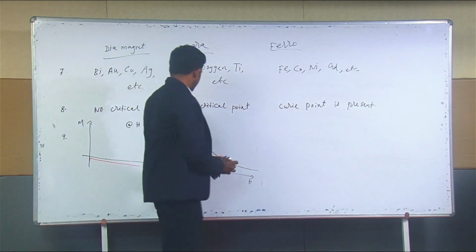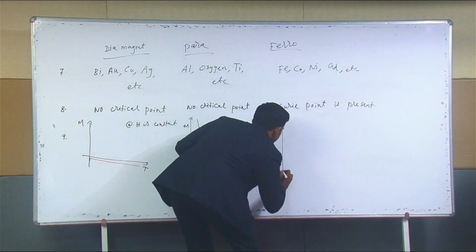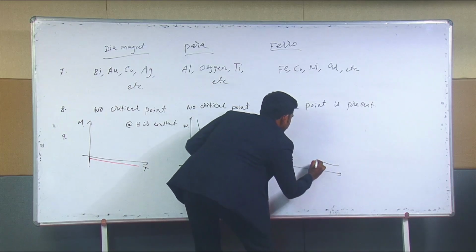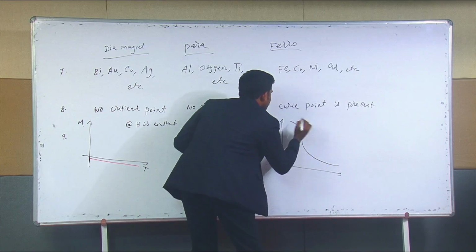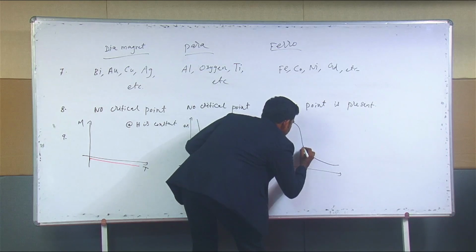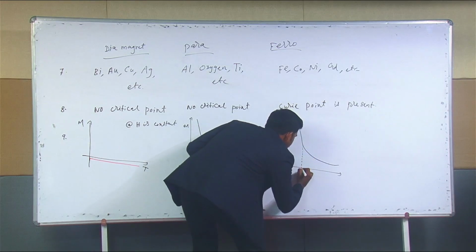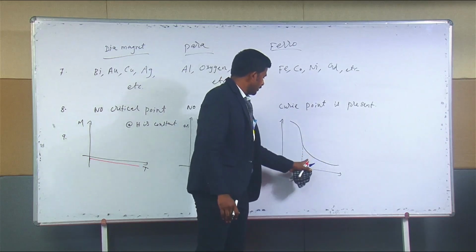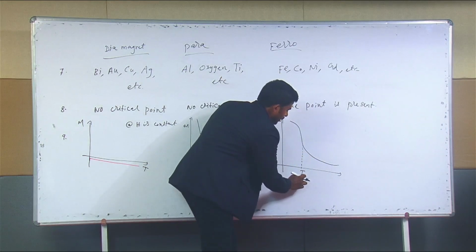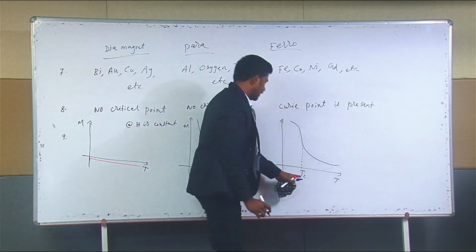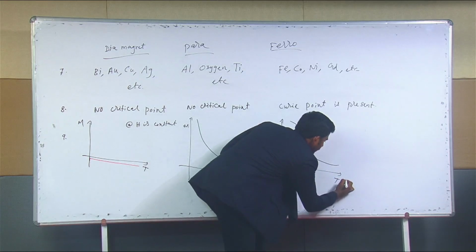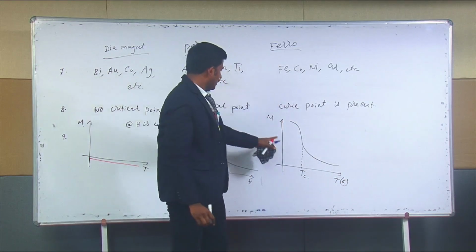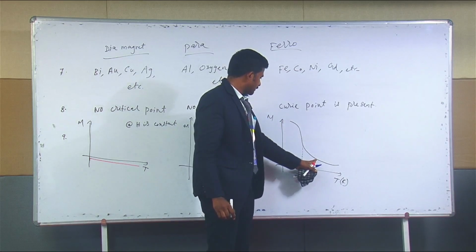In the case of a ferromagnet, this is the Curie temperature Tc, with temperature in Kelvin on this axis and the magnetization on the other.